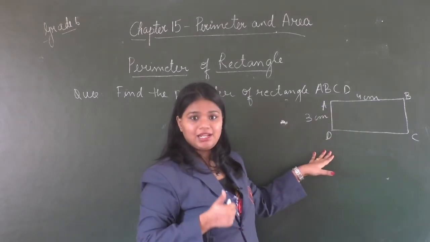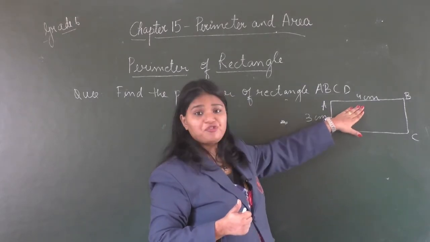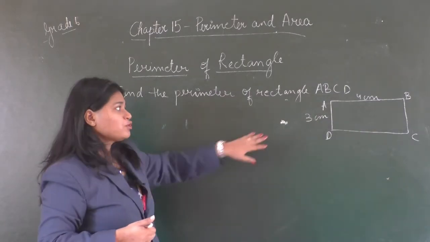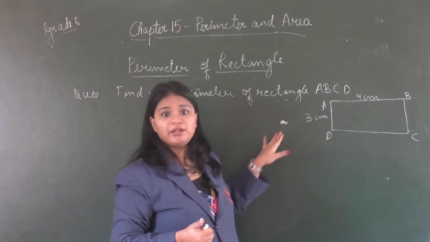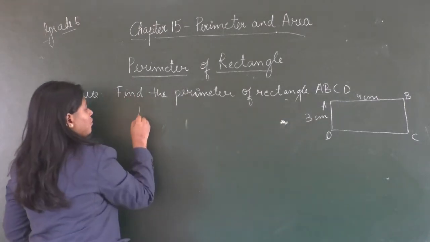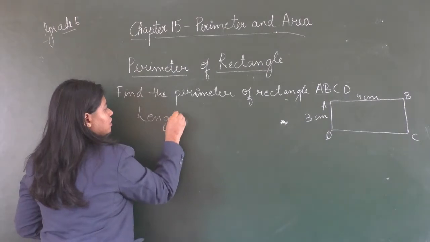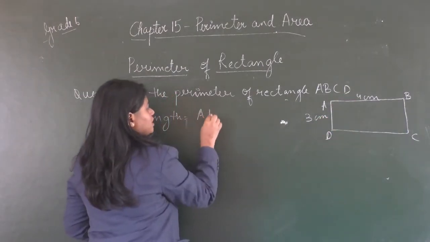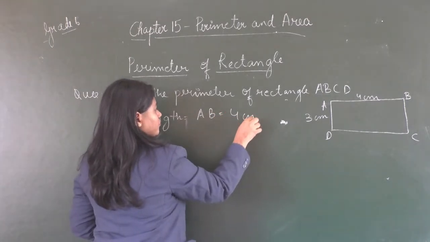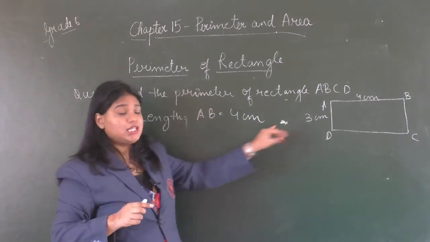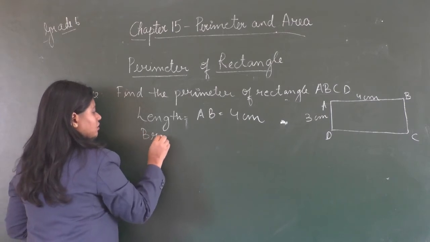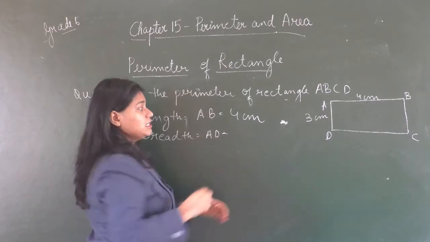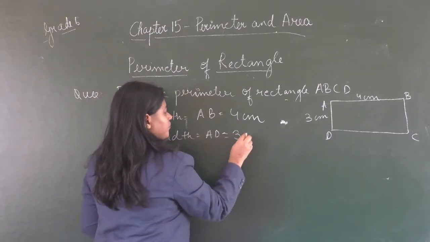ABCD is the rectangle and the measure of length is 4 cm and the measure of breadth is 3 cm. So first we will write the required measurements provided. So we know length is equal to AB, that is 4 cm, and breadth is equal to AD, that is 3 cm.